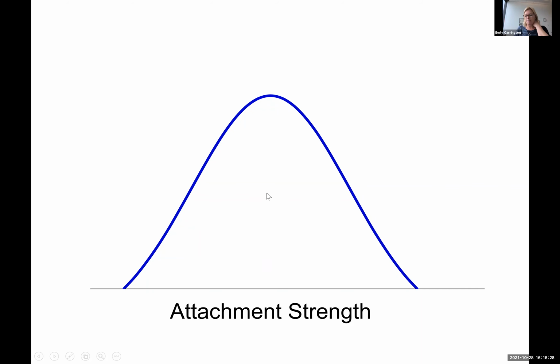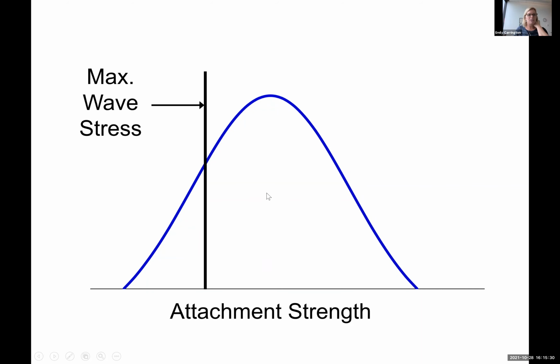Then we can think about how a wave might come along and apply some stress to the animals, and we can calculate what that might be in force, in newtons. Anytime you see animals that are weaker than that stress, we would expect them to fail and become dislodged, and any animals that are stronger than that will be safe.